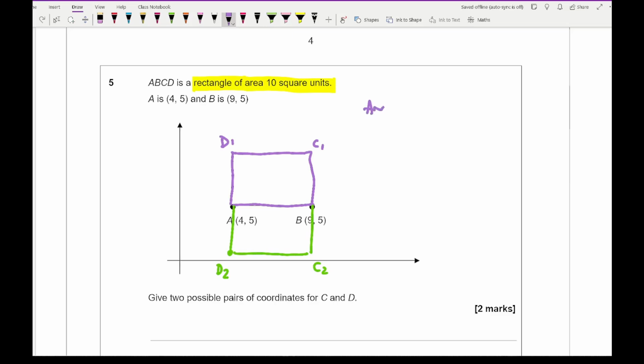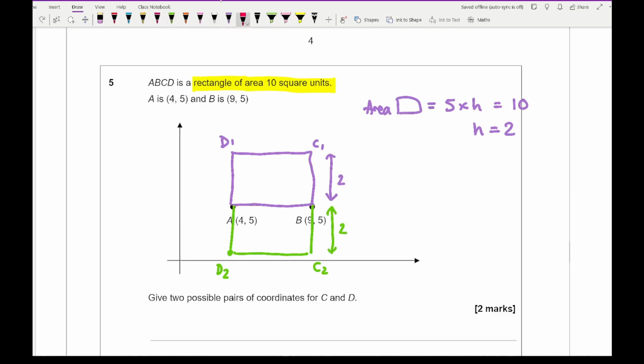To work out the area of a rectangle, it's the length times the height, which we know in this particular question is 10. So that means that H must be 2. So the distance of this must be 2, or the distance going down must also be 2.